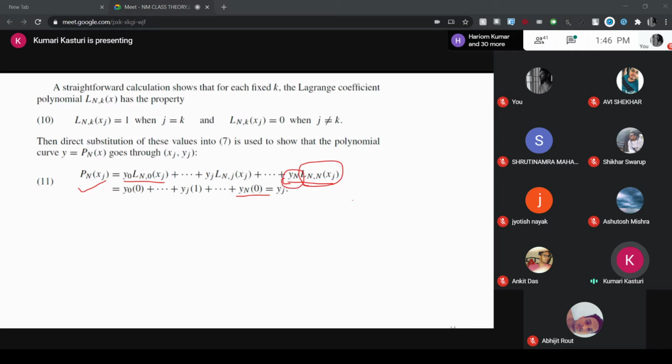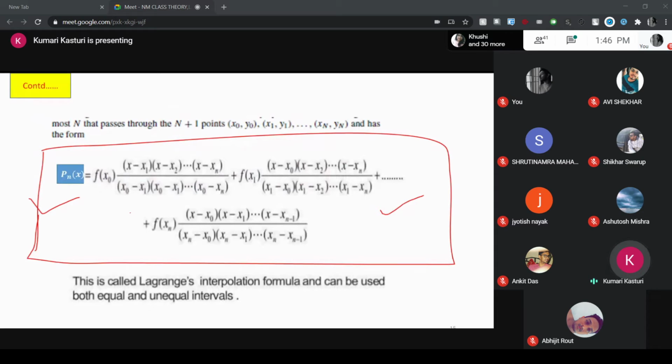Y value is nothing but your function values f of x. Whatever is written here is in terms of f of x and the Lagrange polynomials. Now just see one thing: f of x0 is termed as y0.